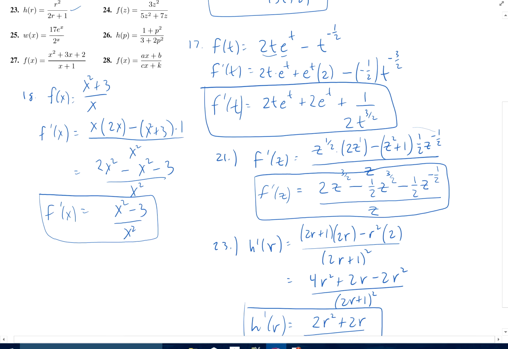24. This guy. Okay, I gave you a lot so that you would get lots of practice. F prime of z is the bottom times the derivative of the top. Uh-oh. Let me move this and do this somewhere else. 24.